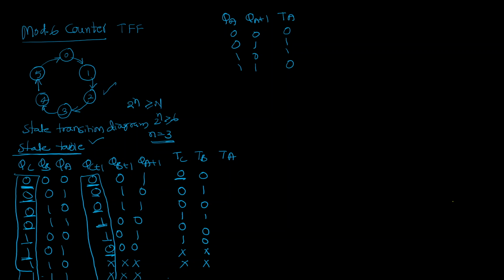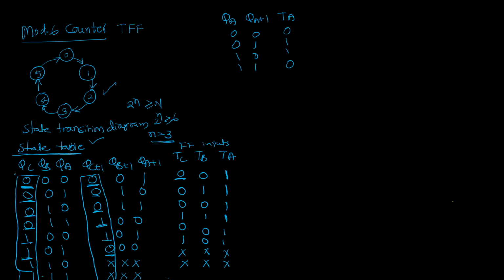So everywhere it is changing. That means 1 1 1 1 1, then don't care, don't care. Now what do I need to do? I need to get the expressions for TC, TB, TA in terms of QA, QB, QC. These are called flip-flop inputs.